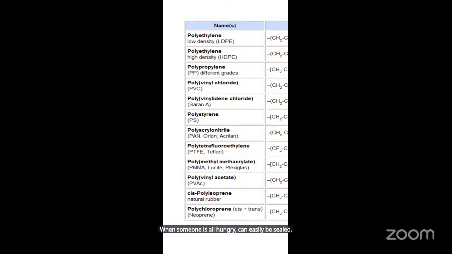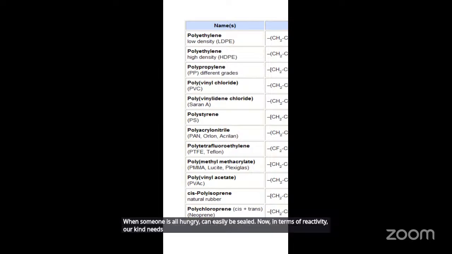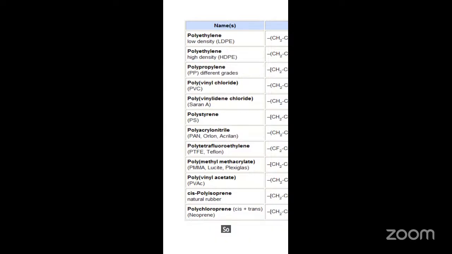Now, in terms of reactivity, alkyne needs so much to complete the reaction. So the process is longer than alkene. That's why they said alkynes are least reactive, meaning that they are less reactive because I need 2 moles against 1 mole.